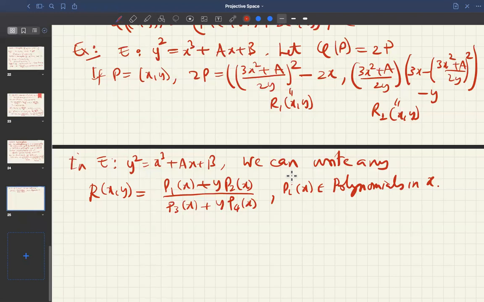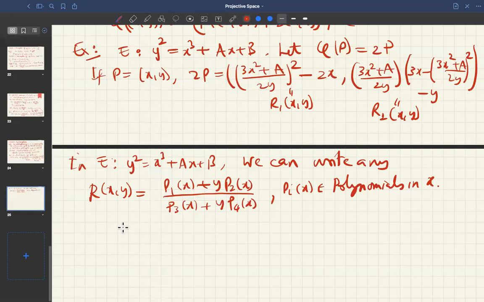So any rational function, because whenever y square is coming, any even power of y, you can replace and write it in this form.